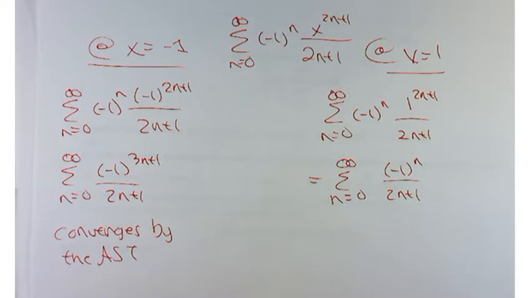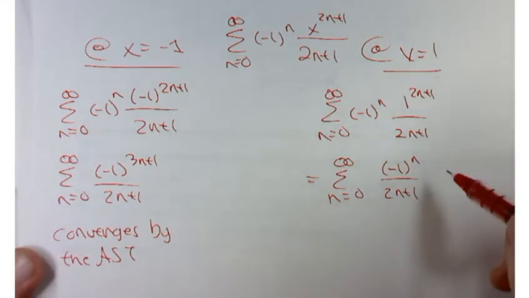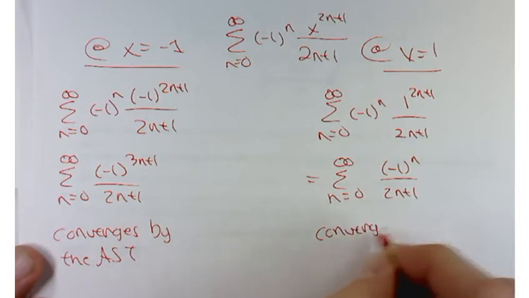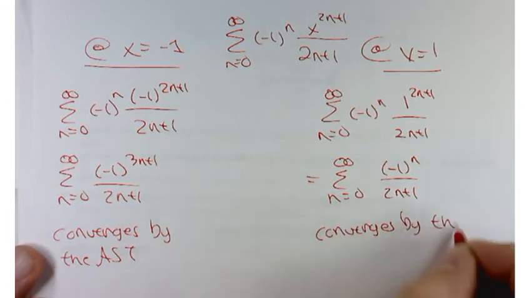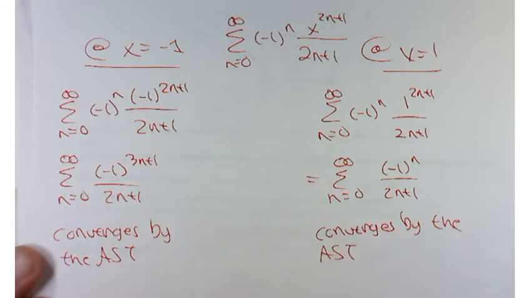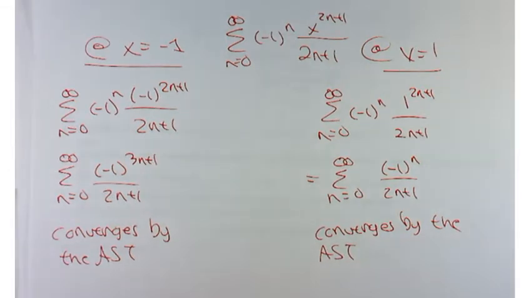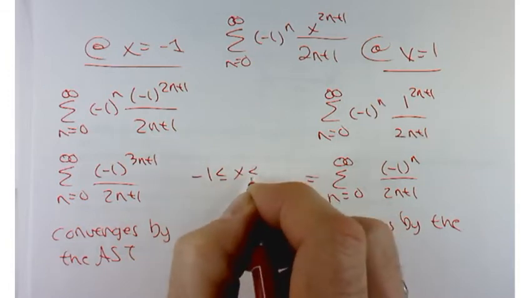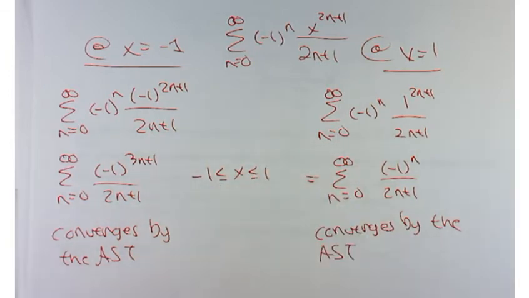Parth? Yes. Converges by the AST. So my interval of convergence is negative 1 is less than or equal to x is less than or equal to 1. That's my interval of convergence. So I got both endpoints.